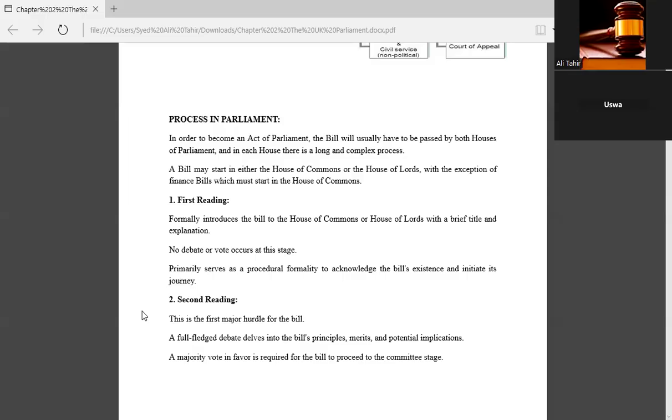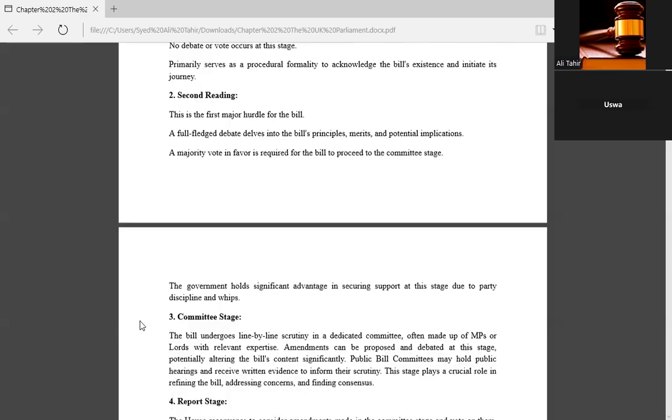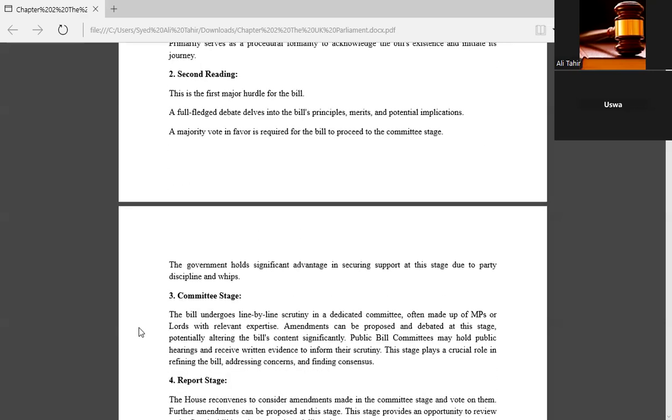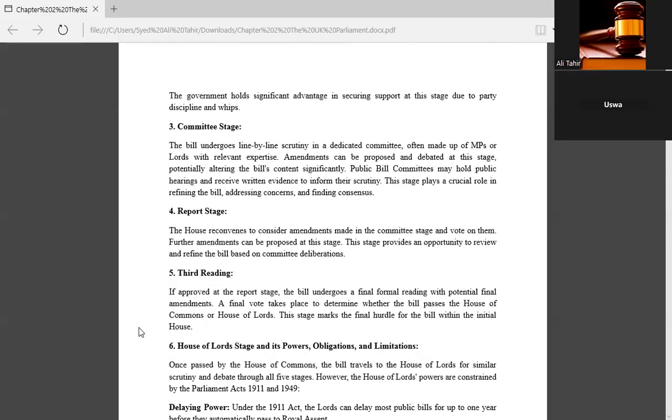Second reading. This is the first major hurdle for the bill. A full-fledged debate delves into the bill's principles, merits, and potential implications. A majority vote in favor is required for the bill to proceed to the committee stage. The government holds significant advantage in securing support at this stage due to party discipline and whips, because in the House of Commons, the whips force the MPs of their party to side with the party line rather than to cross the floor.